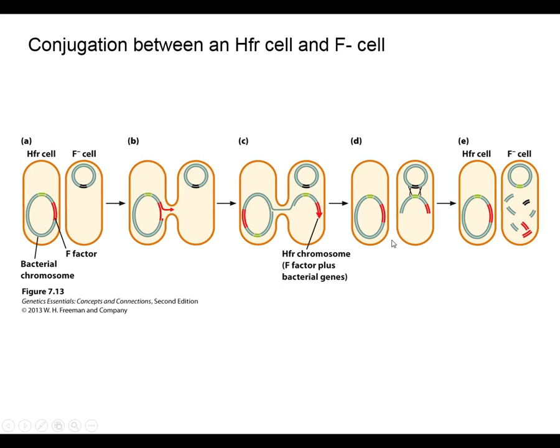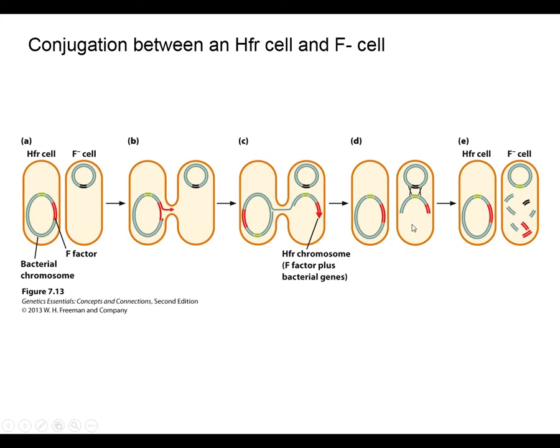And so what's typical with an HFR conjugation with an F- cell is that you only get a portion of the HFR chromosome transferred. Now, a linear piece of DNA that enters a bacterial cell will typically get destroyed by restriction enzymes. And so most of the time, this piece of DNA here in part D will just get destroyed.